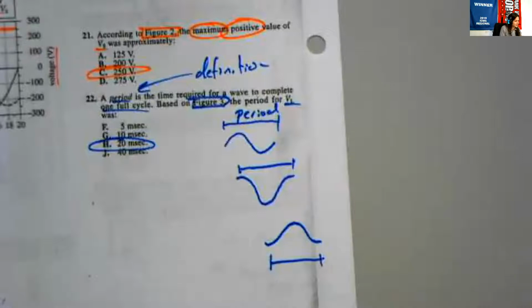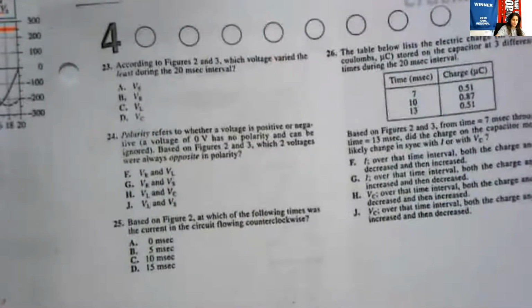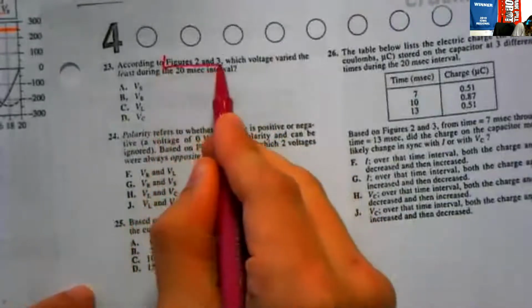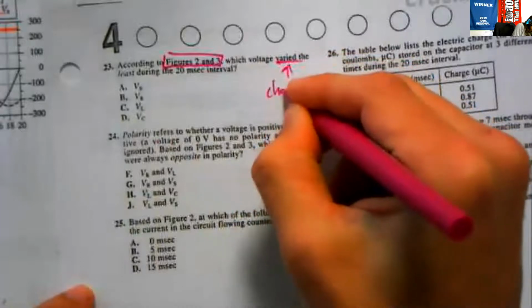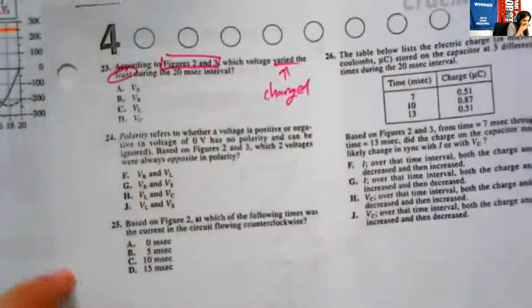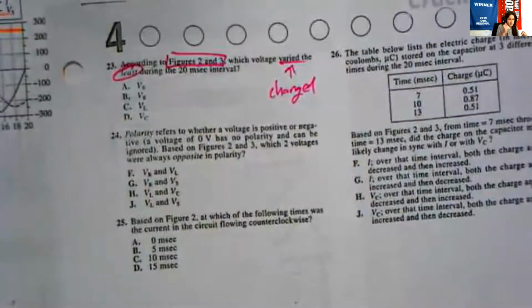So we can talk about periods like that. Trigonometry? Cool. Number 22, according to figures 2 and 3, which voltage varied the least? Varied, that means changed. Which one changed the least during the 20-second interval? Who had the narrowest band? Well, I got the V's.